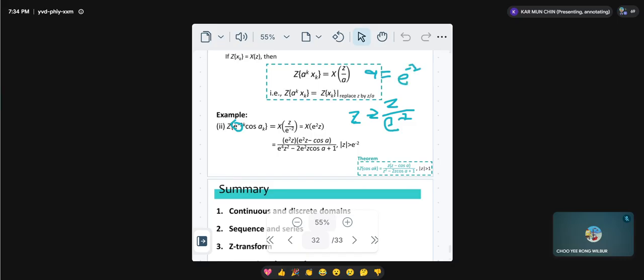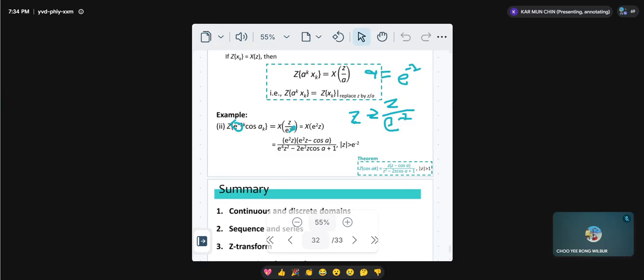Then you just follow the theorem of the z transform for cos ak. You get z multiplied by z minus cos a. So this one you just rearrange it, or you can remain this term also. But after you put it in, you still rearrange it.